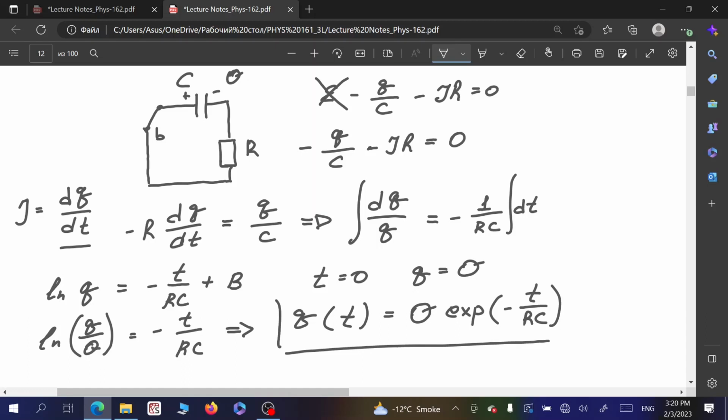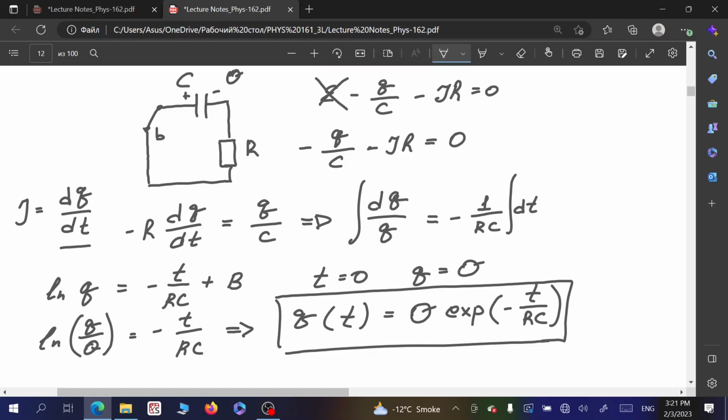So this is the expression for the time dependence of electric charge at the plates of this capacitor as it is discharged through this load resistor. So we see that it exponentially decreases, and again here we deal with this RC product, which is the characteristic time of the RC circuit. So that defines how fast this process of discharge will happen.